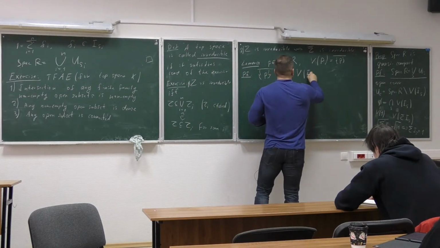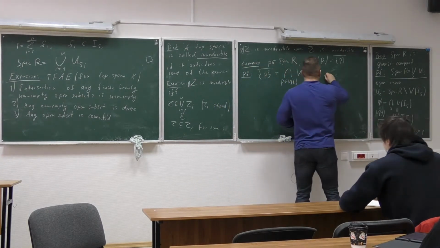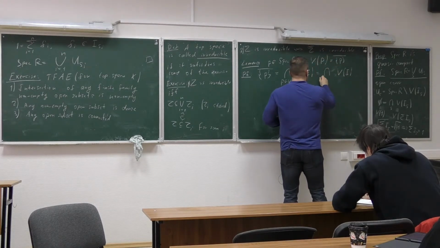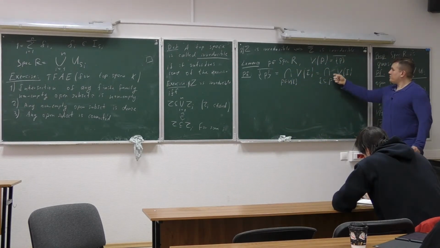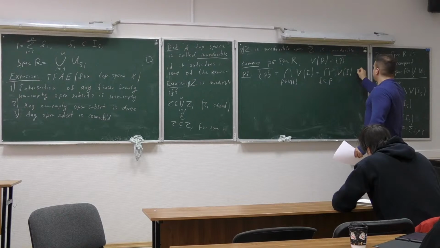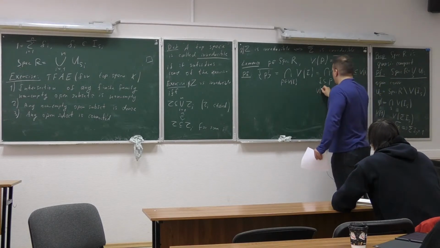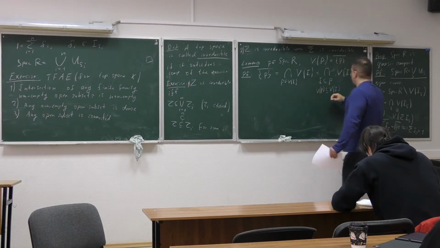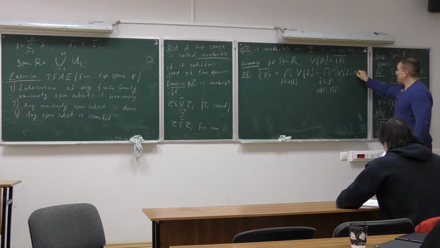So this is the intersection of all V(I) such that P is an element of V(I), or in other words, the intersection of V(I) such that I is contained in P. But as one of the elements in this intersection, you can take I equal to P. So V(P) is here as one of the elements, which means this intersection is at least contained in V(P). But if we have this inclusion of ideals, we have the corresponding inclusion for the V's, so whenever you consider an element in this intersection, V(P) is a subset there. So these two things are actually equal. End of the proof.